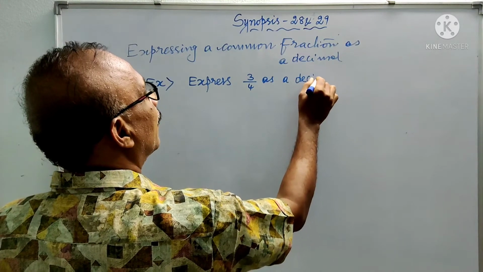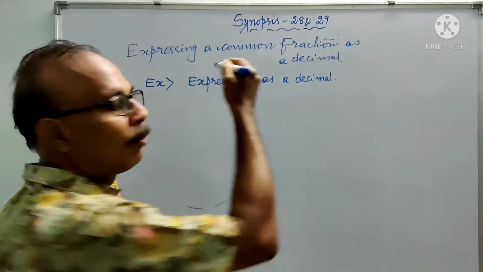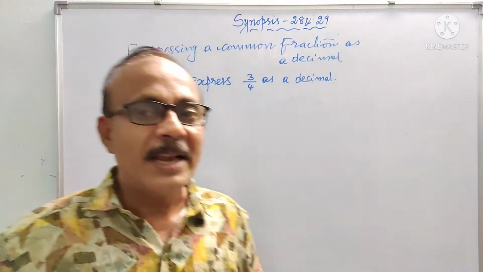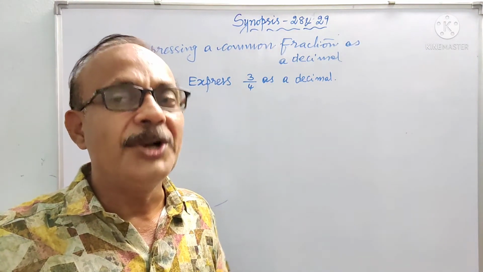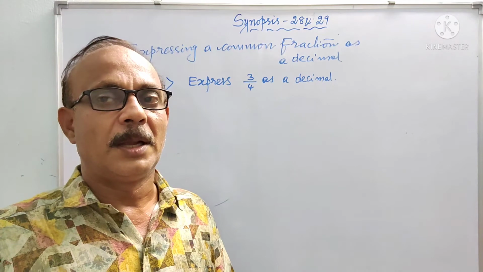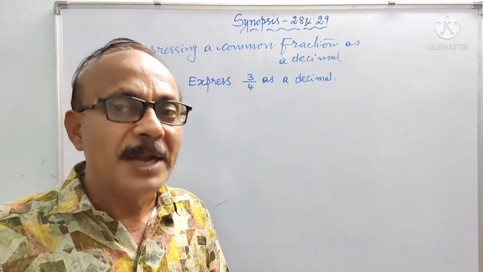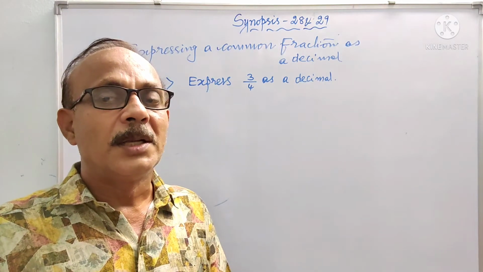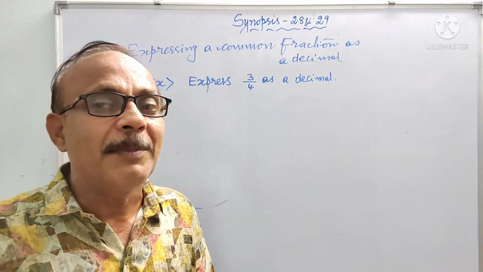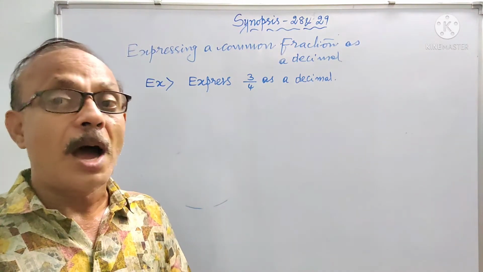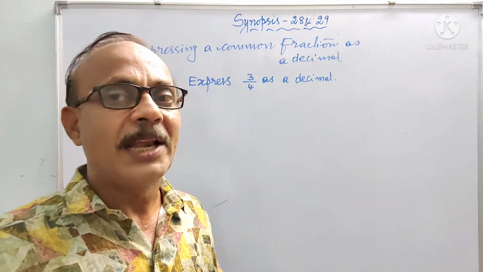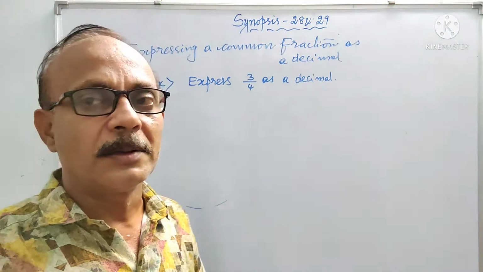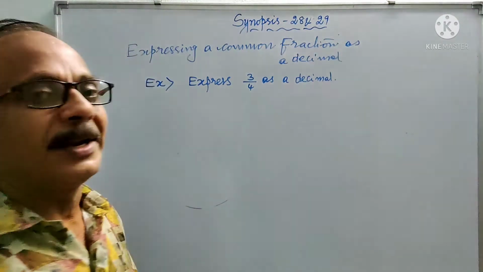Now, before going to say this, whenever you are changing a common fraction into a decimal, sometimes you get a terminating decimal, sometimes you get a non-terminating recurring decimal or non-terminating repeating decimal. I'll tell you about both these a little later, but let us see what we get here.